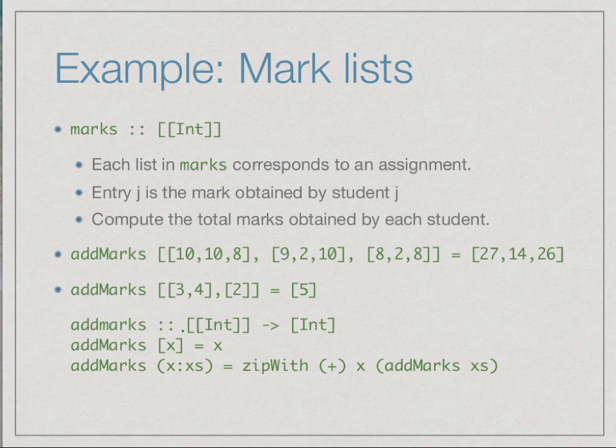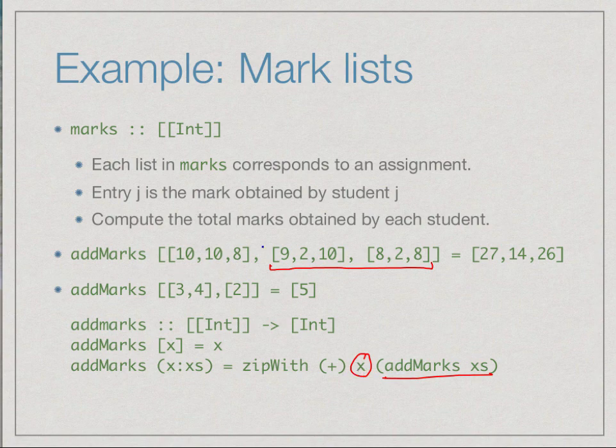So we can use zip with in the following way. For the base case, of course, if we have just one list inside, then that is the final list. So if there's only one assignment, then the total for each student is the marks in that assignment. On the other hand, if we have multiple assignments, then inductively we assume that we have computed the sum for the remaining part. So we have done add marks of the tail, and now we want to combine the marks for the first assignment.